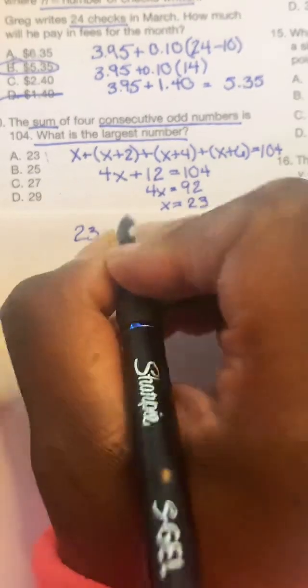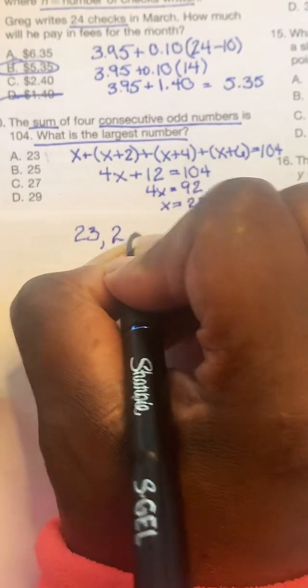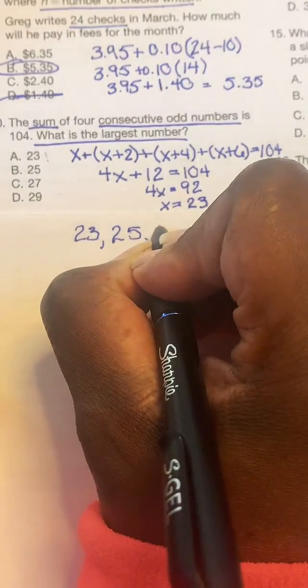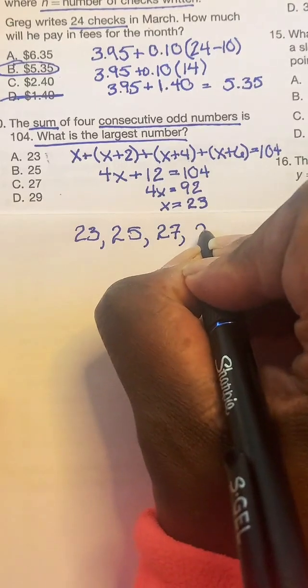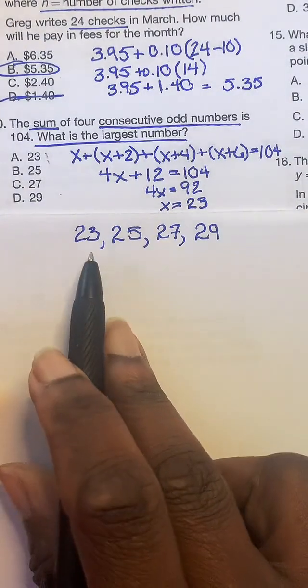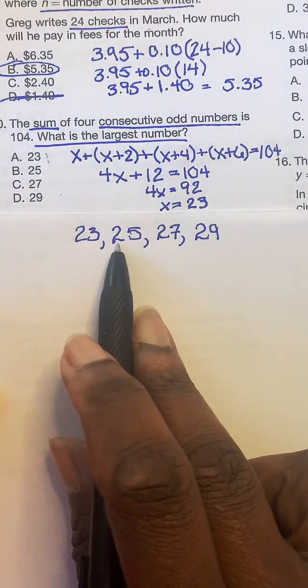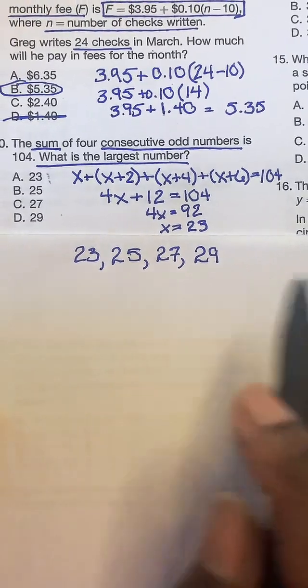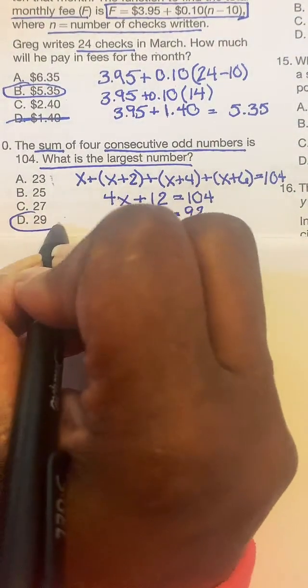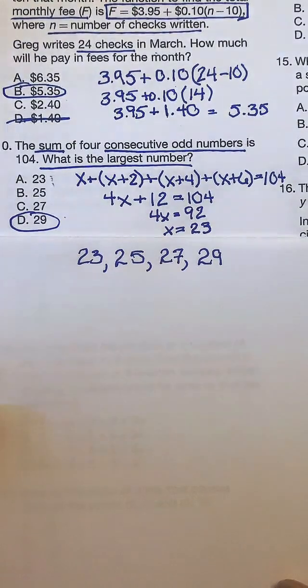The next odd number is going to be 25. The next odd number will be 27. And the next odd number will be 29. So they want to know, of the 4 consecutive odd integers, what is the largest one? It's going to be D, 29.